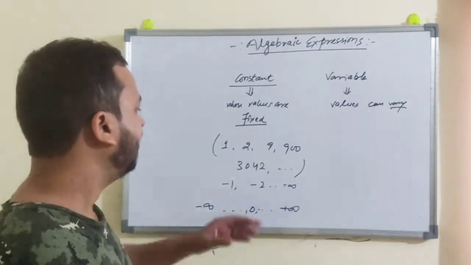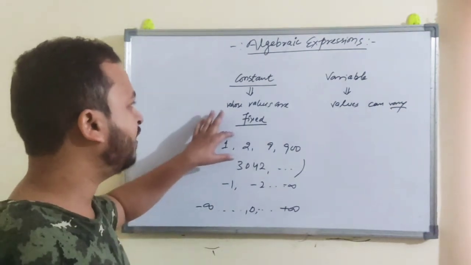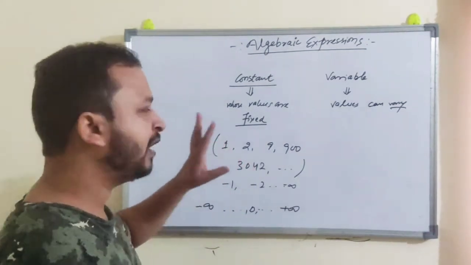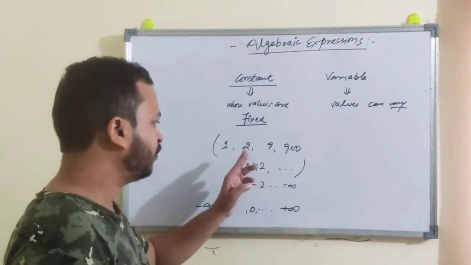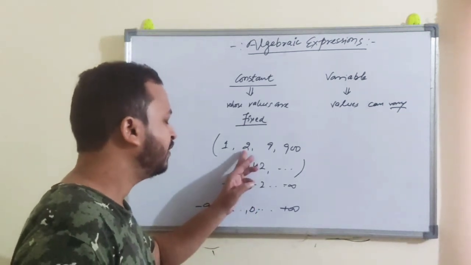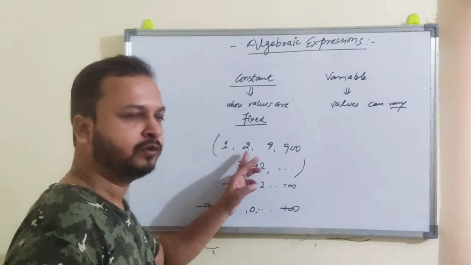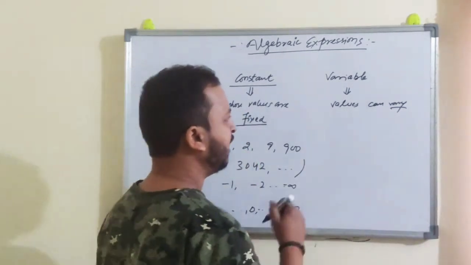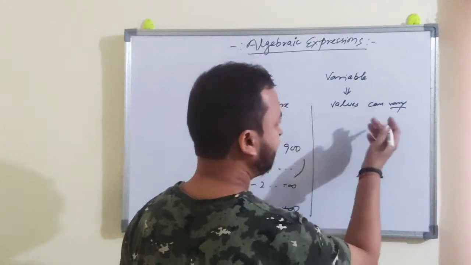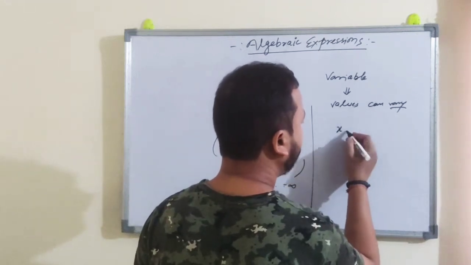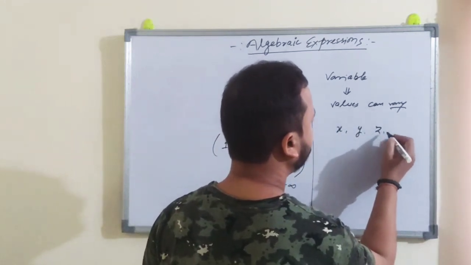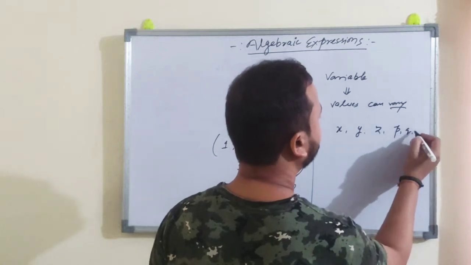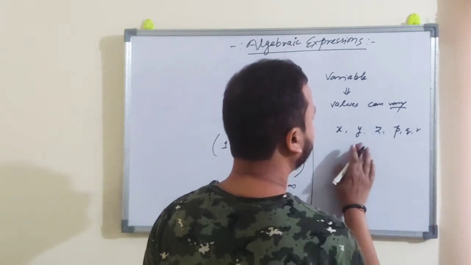Why? Because the values of the constants are fixed, right? You cannot change the value. Suppose it is given as 2. So you cannot change the value of 2. The value of 2 is fixed. Now come to the variable part. Variable means values can vary. It may be x, y, z, p, q, r, right?